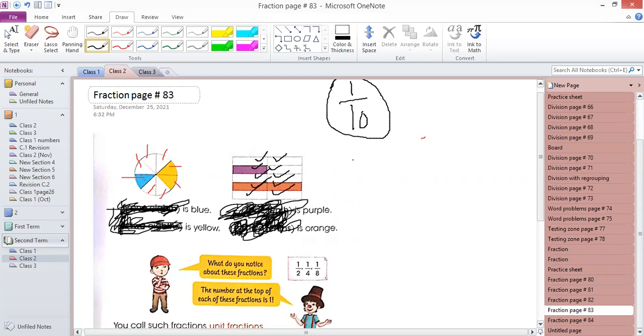Read the numerator as 1 and the denominator as an ordinal number, 10th. 1/10. Okay, very good.